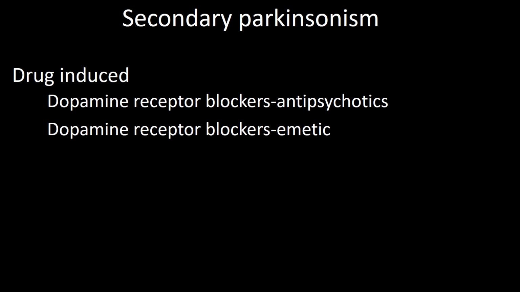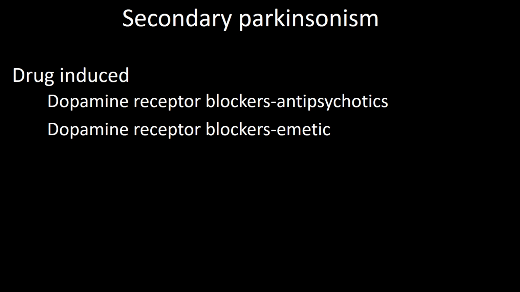In patients taking dopamine antagonists, secondary Parkinsonism must be differentiated from tardive dyskinesia. The distinction is usually easily made. Patients with Parkinsonism have difficulty moving, whereas patients with tardive dyskinesia have difficulty not moving. The adventitious movements in Parkinson's disease are mainly tremors.